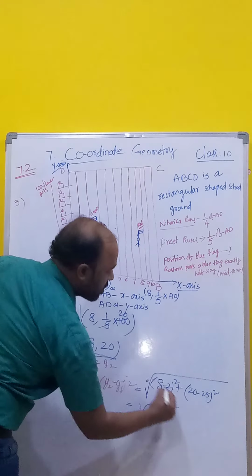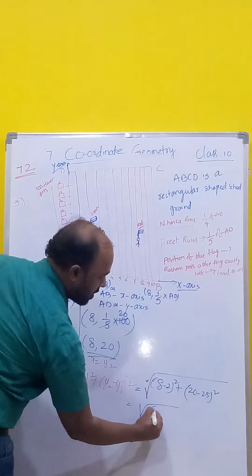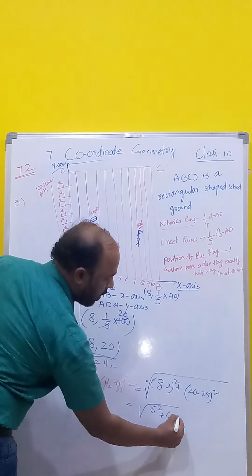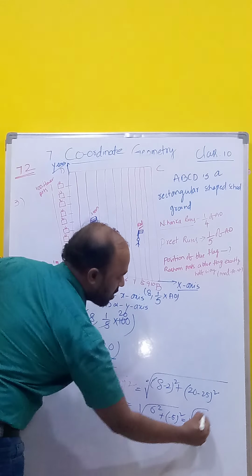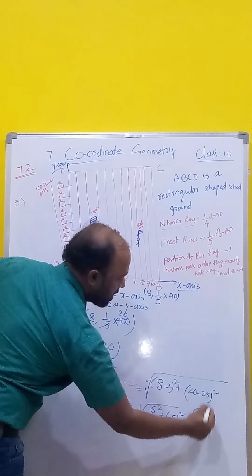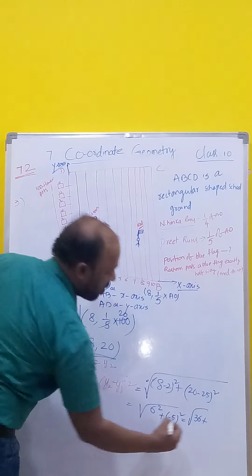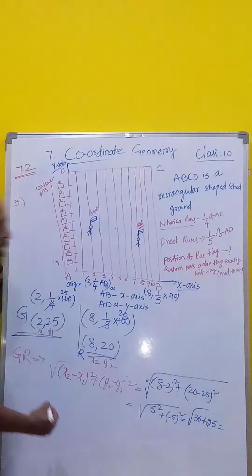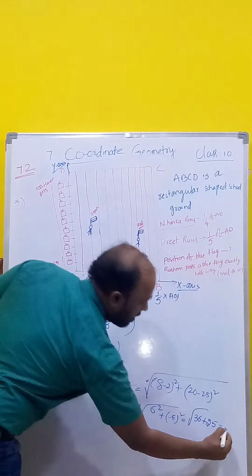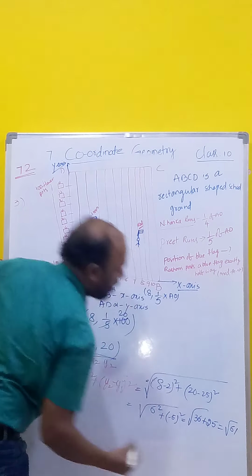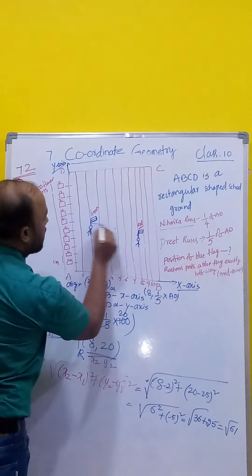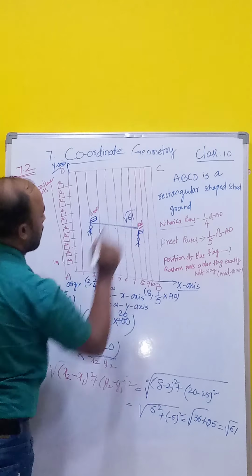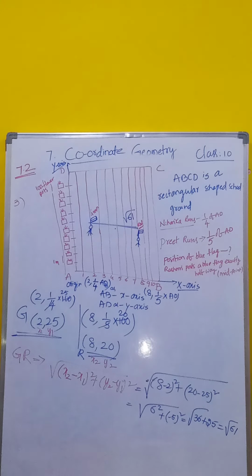Then 8 minus 2 whole square is 6 square, plus 20 minus 25, that is minus 5 whole square. 6 square is 36, plus minus 5 square is plus 25. 36 plus 25, root 61. The distance between these two is root 61 meters. We got it.